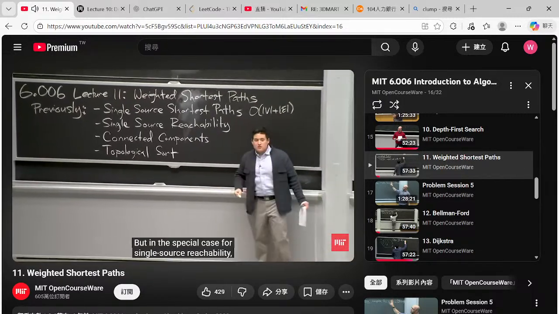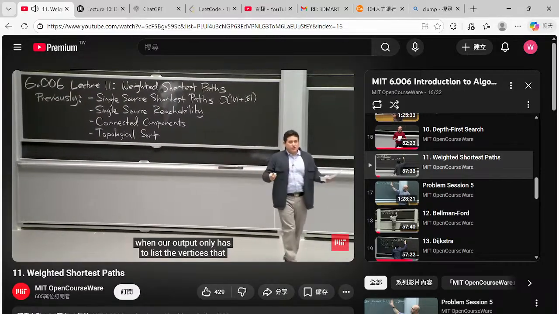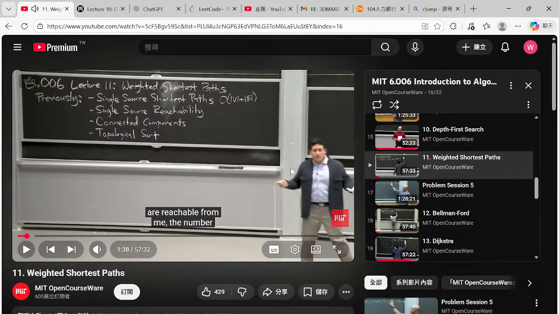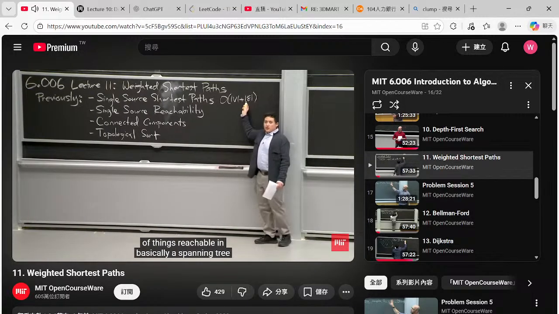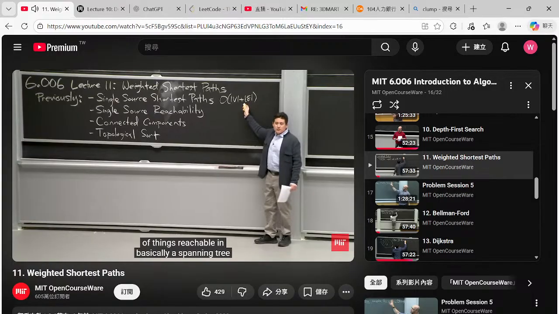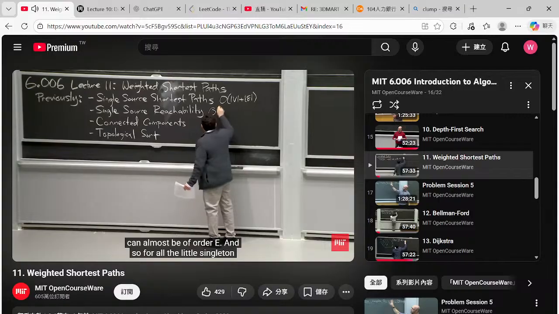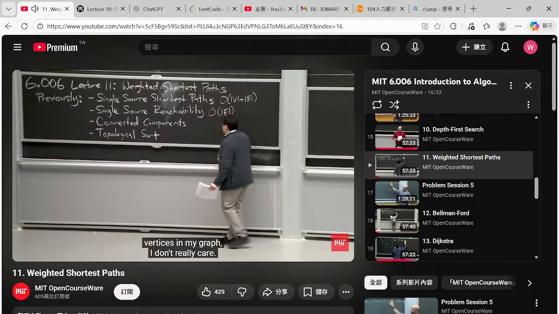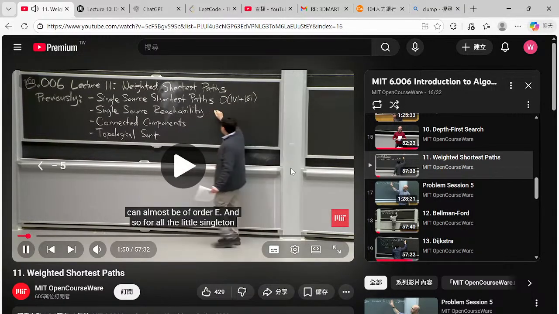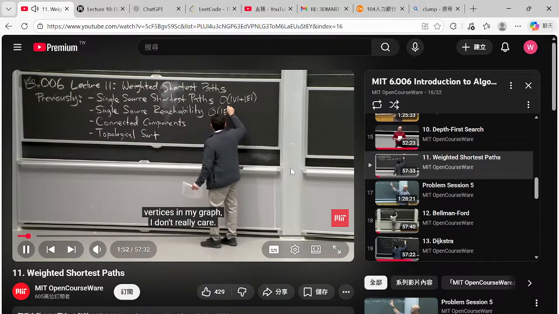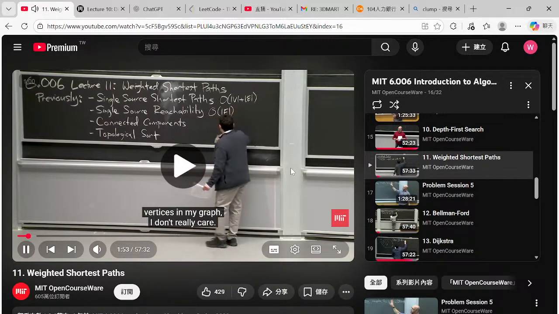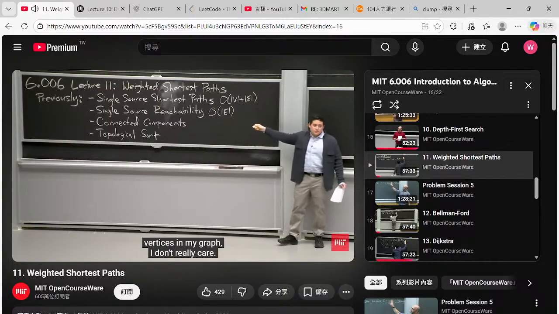But in the special case for single source reachability, when our output only has to list the vertices that are reachable from me, the number of things reachable, basically a spanning tree of the connected component of my source, can almost be of order E. And for all the little singleton vertices in my graph, I don't really care, right?